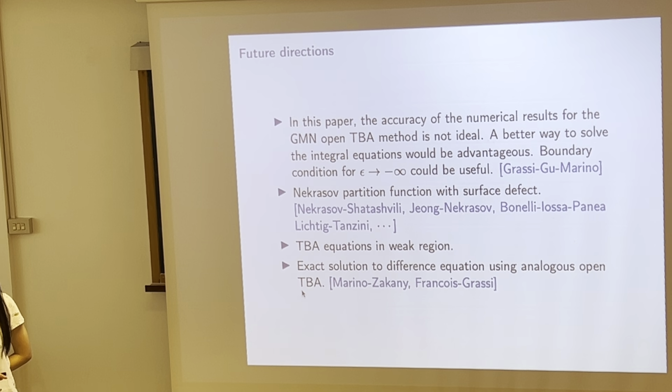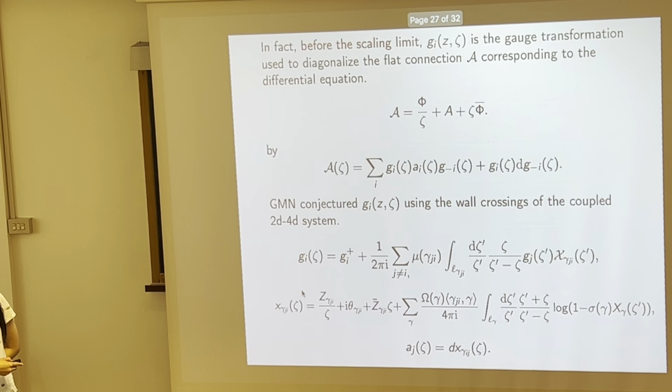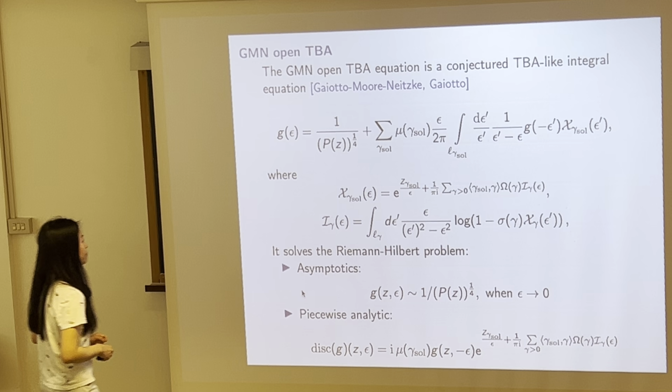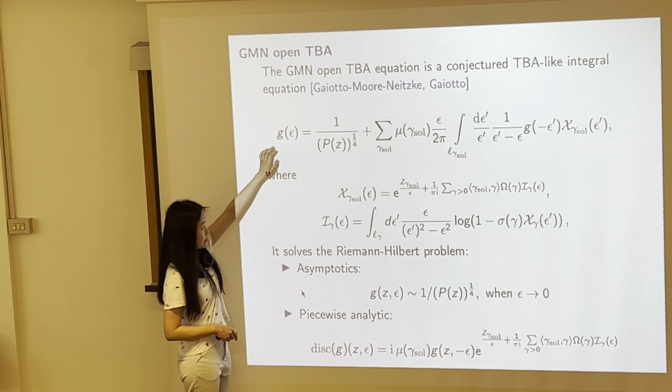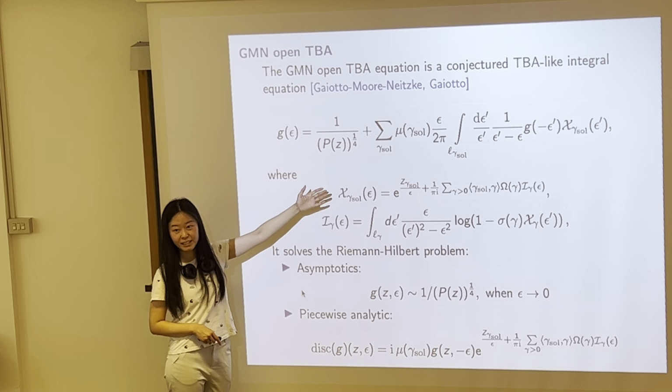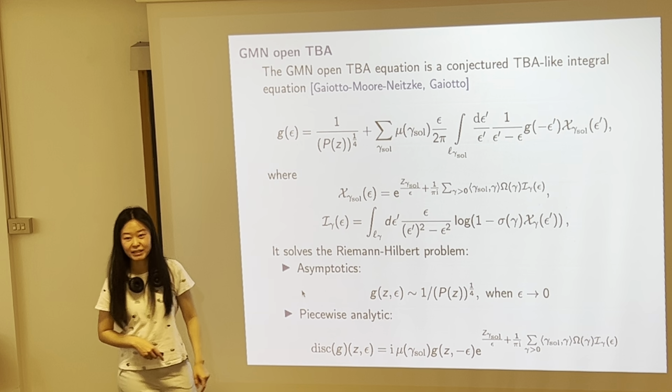Yes. Could you put again the equation? So this is not what I wrote. It's by Gaiotto, so I'm German. But this G of epsilon depends on Z. Yes, sorry. Yeah, there's one important point, as you pointed out. They depend on Z, but the TBA equation is an integral equation with respect to epsilon. So I omitted that dependence.